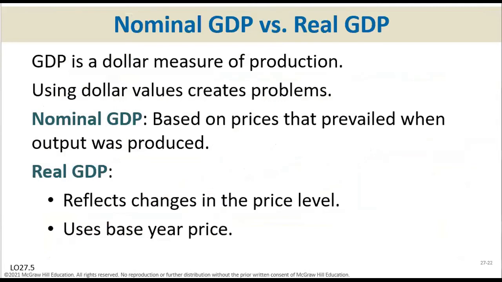So now let's look at the difference between the nominal GDP and the real GDP. The GDP, by definition, measures production at the current dollar value, right? So if you produce output, you value that output in dollars, in the currency prevailing at the time of production, which is what we refer to as nominal GDP, right?